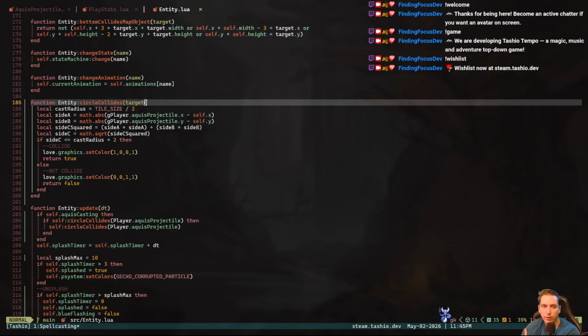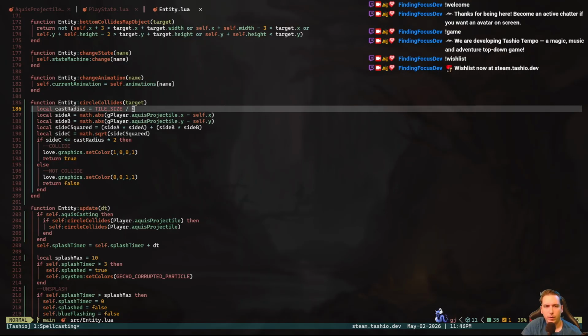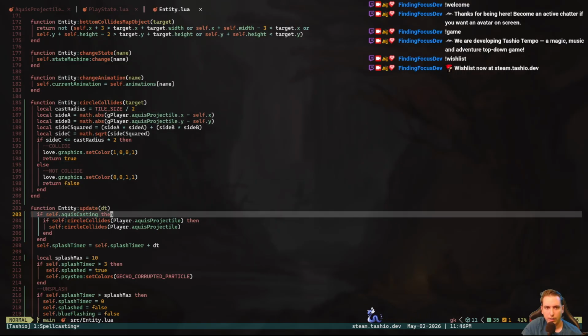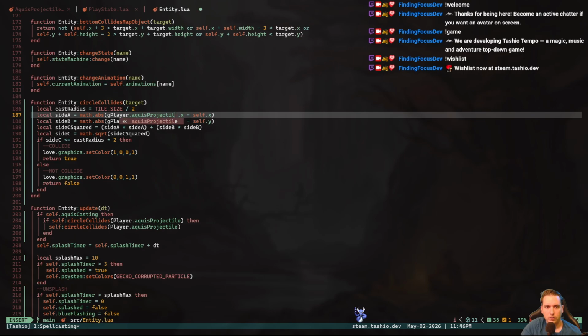We don't use the target param at all here, right? Am I missing something? Because this should be the target. Yeah, it should be the target, because the target is the aqueous projectile. So it should be target X here.